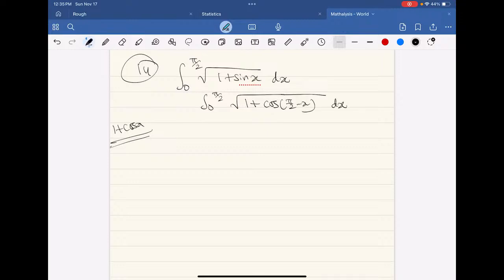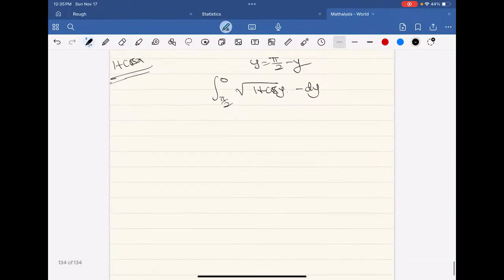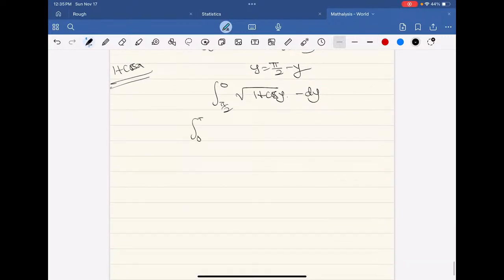Now I make a substitution, y equals pi by 2 minus x. The limits go from pi by 2 to 0, with a minus dy, and the limits reflect, making it go from 0 to pi by 2 of square root of 1 plus cos y dy.